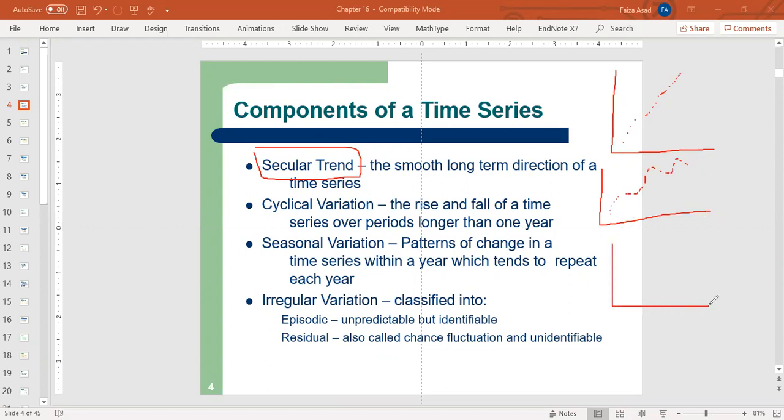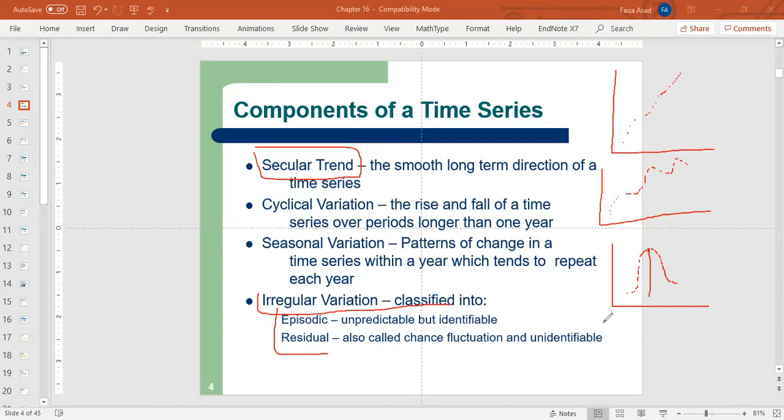Seasonal variation. So seasonal variation includes data like, if we can say, the production of ice cream: in winters it decreases, but in summers it goes to its peak. So this is called seasonal variation. And then irregular variation, classified into two forms. The first is episodic and the second one is residual. Episodic is unpredictable. The prediction is basically we just assume something for the future, but we don't have any past experience relevant to that.